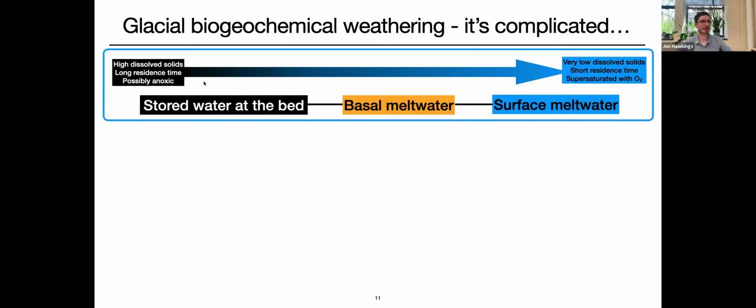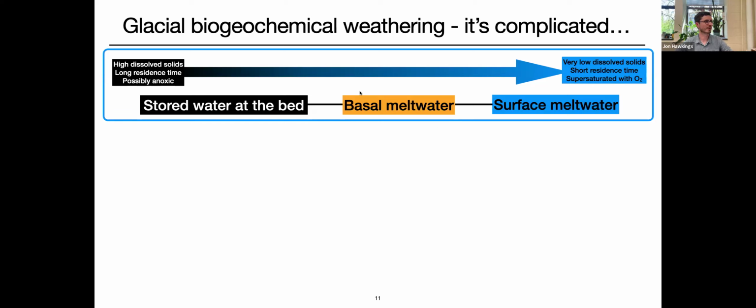We have methane, for example, emerging from the margins of the Greenland Ice Sheet, quite high concentrations of methane in some instances. And we also have this opposite side, which is this surface meltwater that I showed you a picture of in one of the initial slides. It has very low dissolved solids, no sediment in there whatsoever, very short residence times, and is supersaturated with oxygen because it's coming from the surface and draining through these moulins.